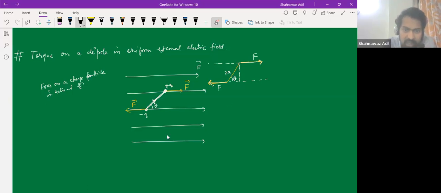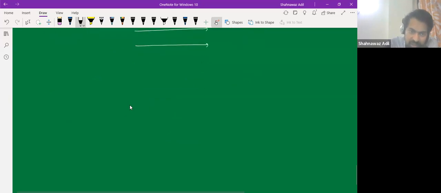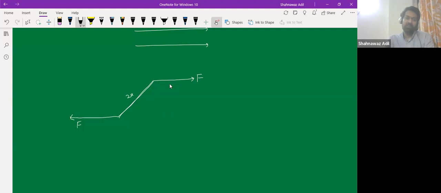So if I write this here, this is 2a. This force is acting in this direction, and this force is acting in this direction. You can see that both are an equal amount of force, so they will create some rotational effect.